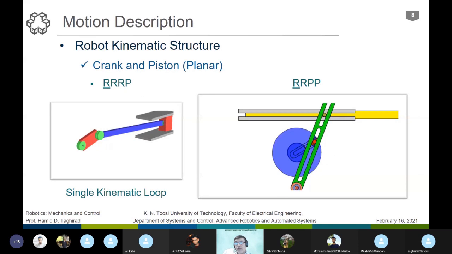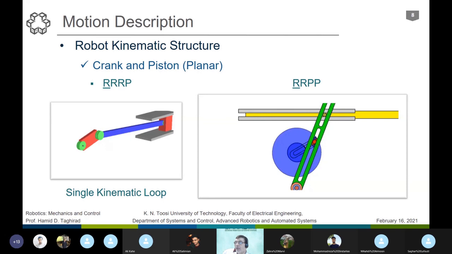So, considering the primary joints and links, and all of them rigid, with no flexibility in them, we can put them together to provide some kinematic structure. The kinematic structure is how these joints and links are connected together and which of them are actuated. So we call a mechanism or a kinematic structure just a different arrangement of links and joints.